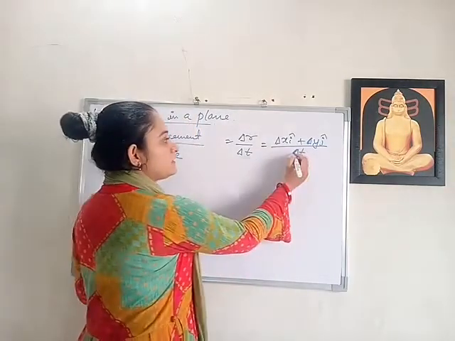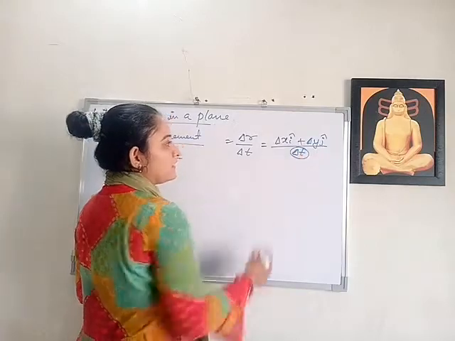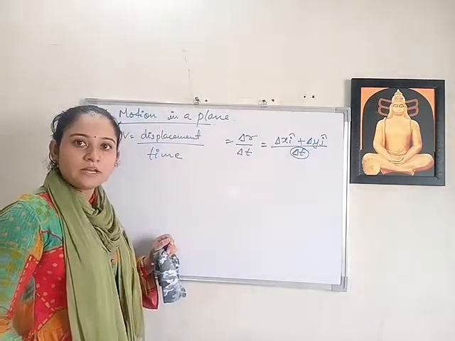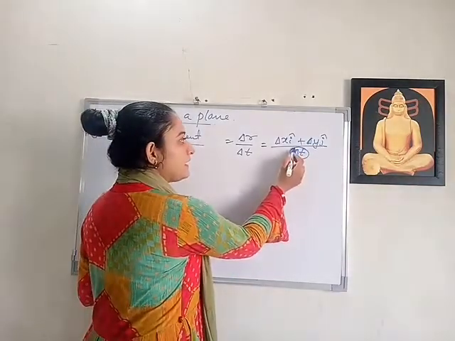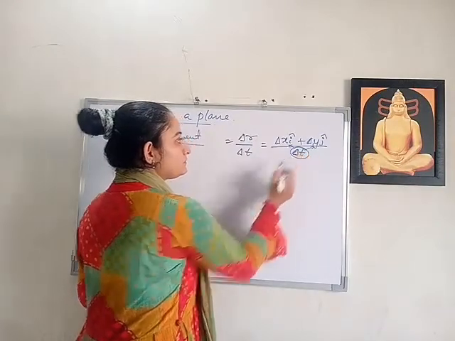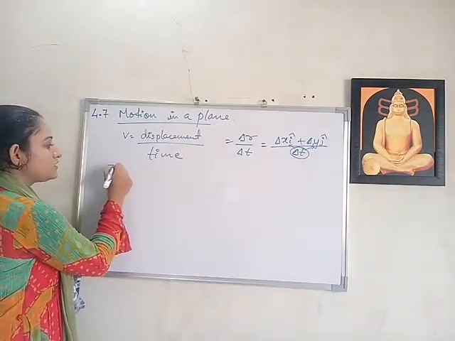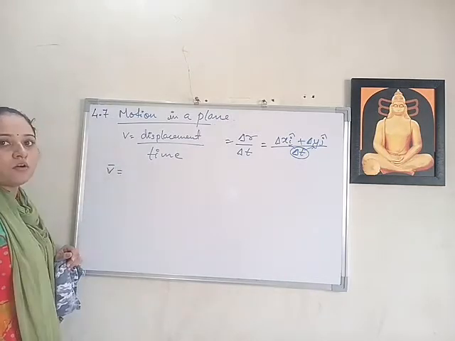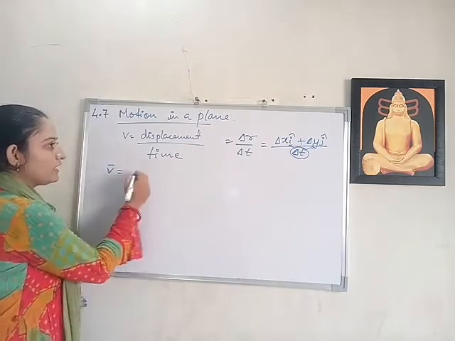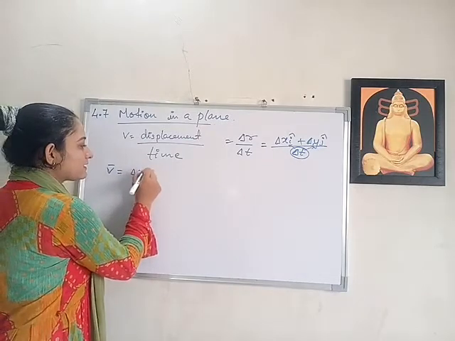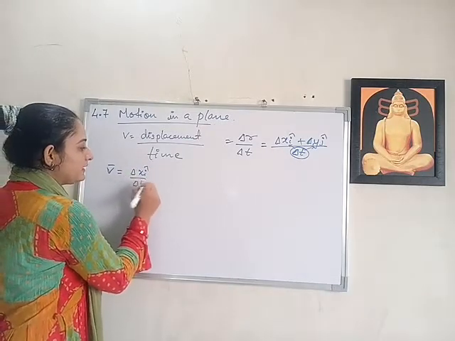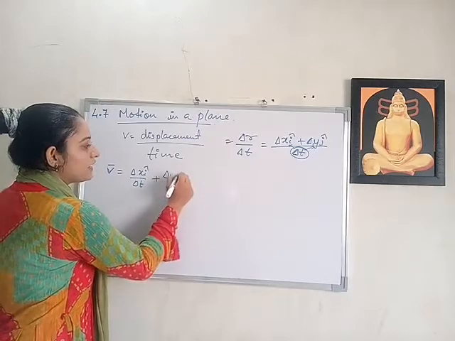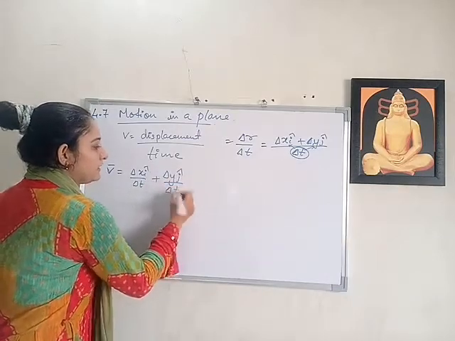Now this is one property. When there is a single term in the denominator, then we can send it to both. So here average v will be equal to, for average we will just put one bar on any quantity, v equal to delta xi by delta t plus delta yj upon delta t.